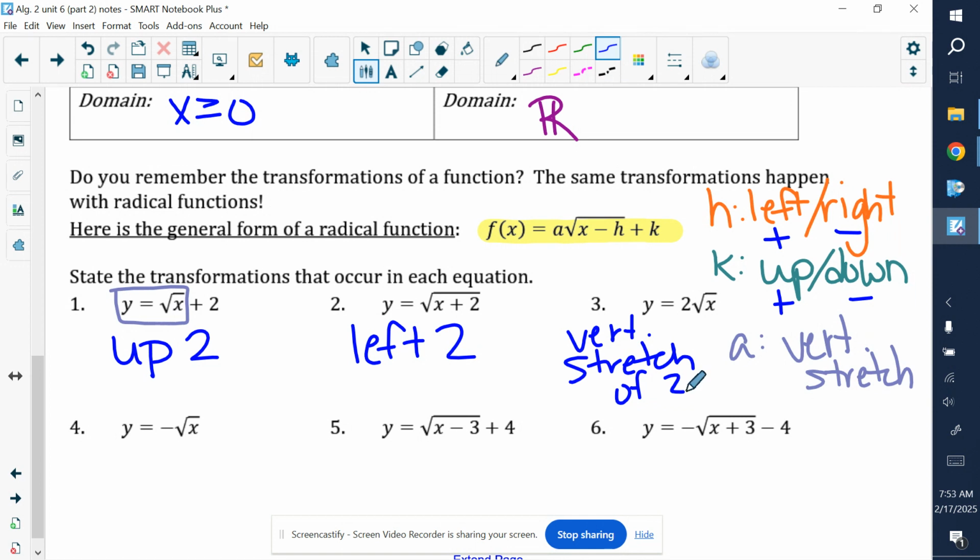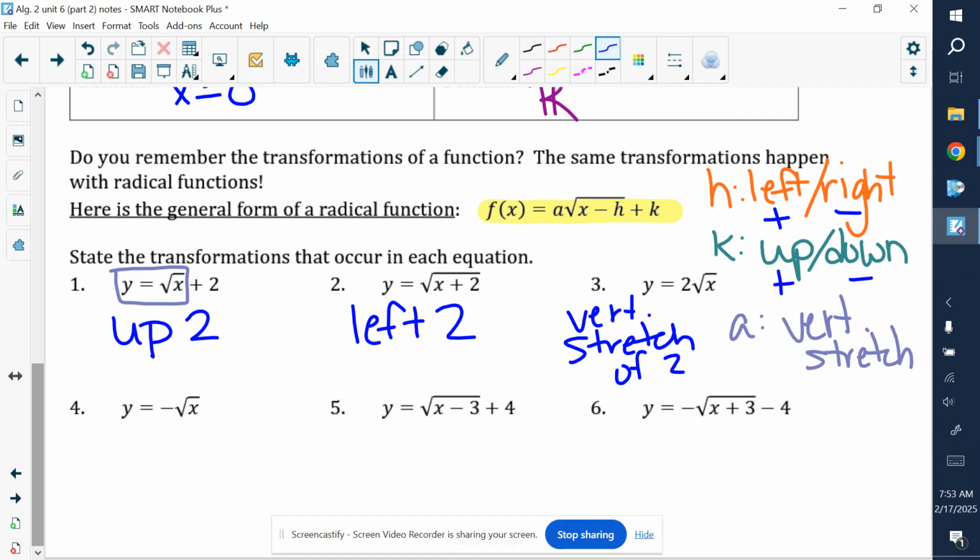How about on number 4 when we have a negative out in front? Do you remember what that does? That is going to reflect over the x-axis. These last couple have more than one transformation being done to them. On number 5, the x minus 3 means we are going to go 3 to the right.